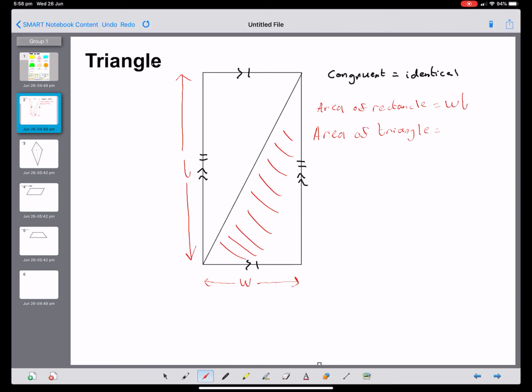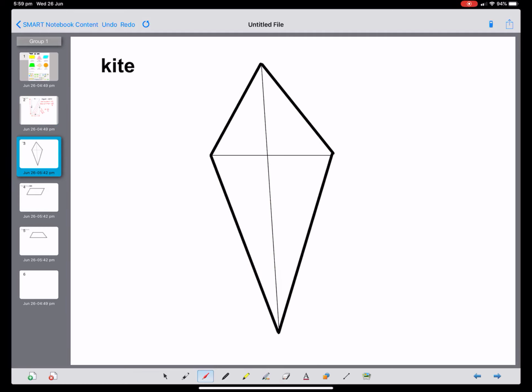It is simply the width times the length divided by 2. Okay, so if we have a triangle, and the height is B and the width is A, the area of our triangle is AB divided by 2.